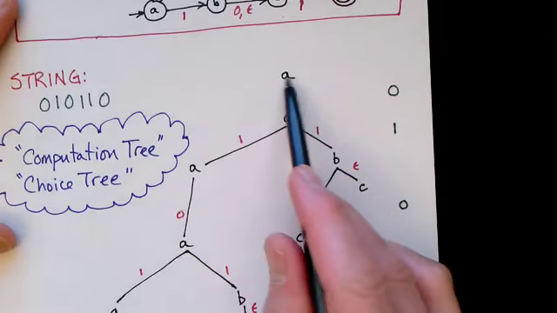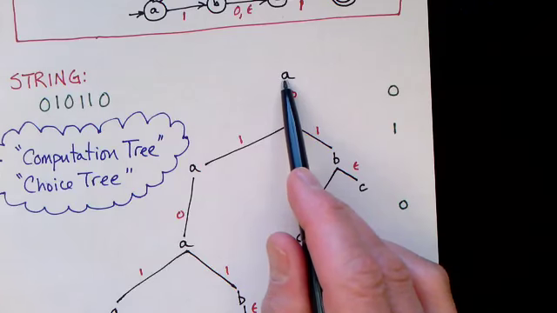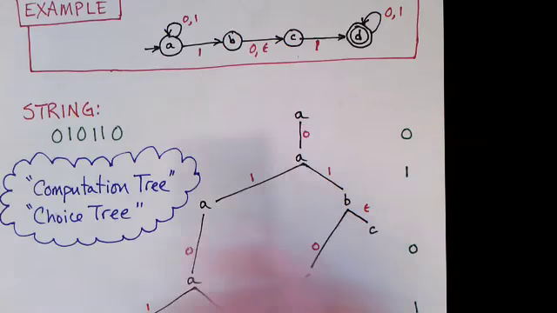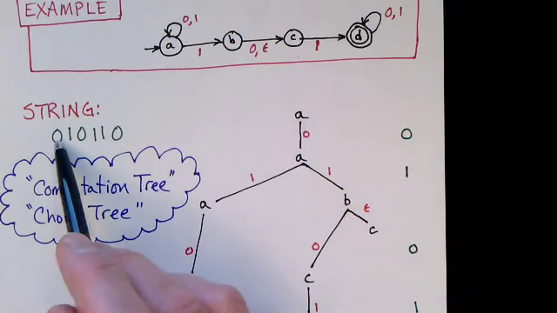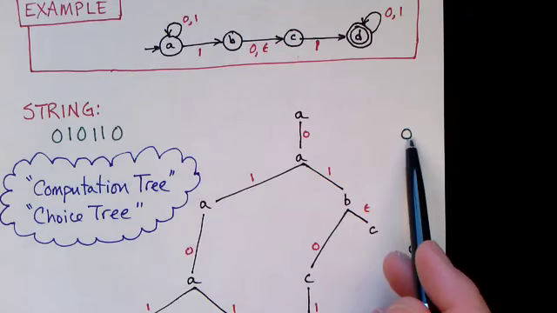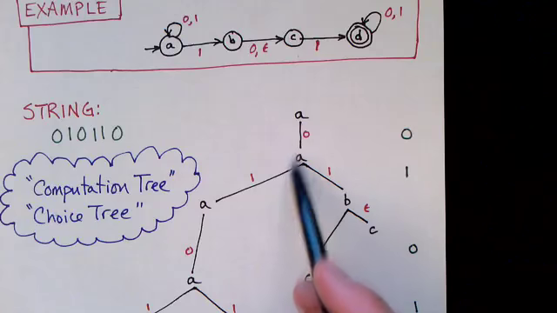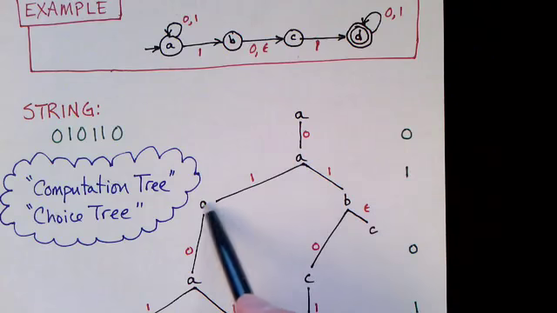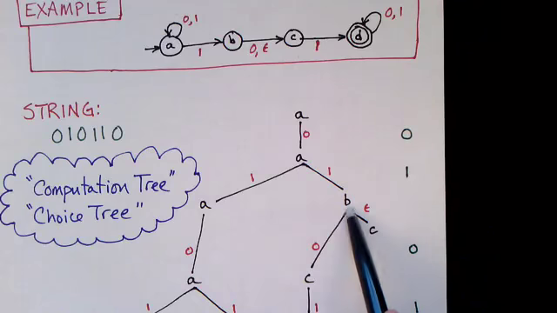And at each point, we're in some state, and we have certain choices we can make. The first symbol is a 0. There's only one thing we can do, and that's stay in state A. The next symbol is a 1, and there are 2 things we could do. We could stay in state A, or we could go to state B.